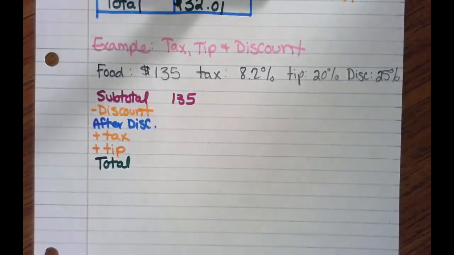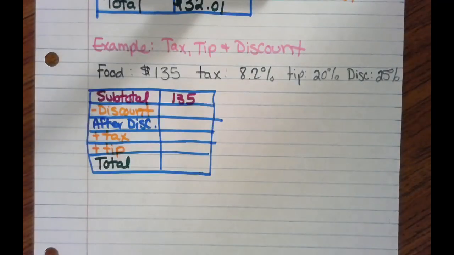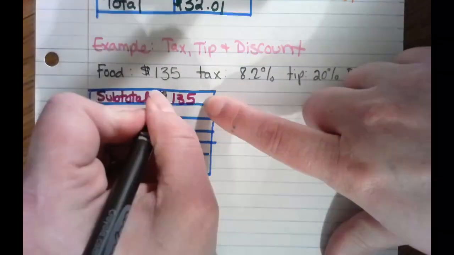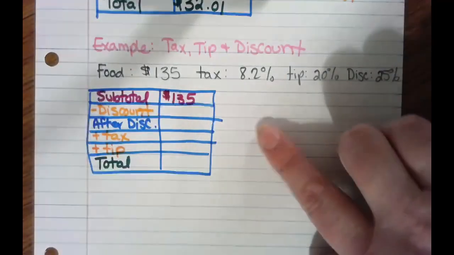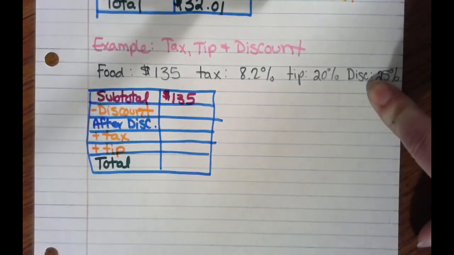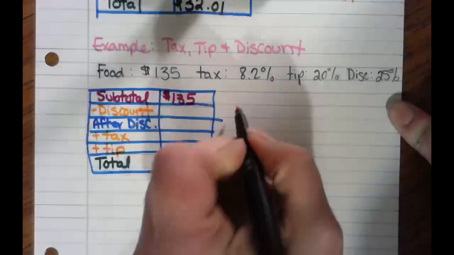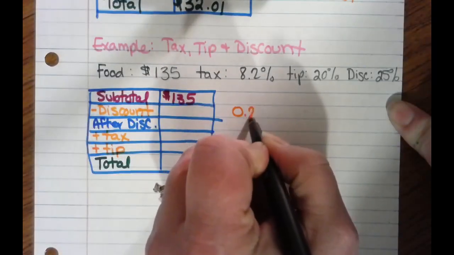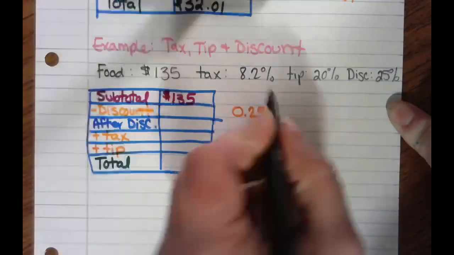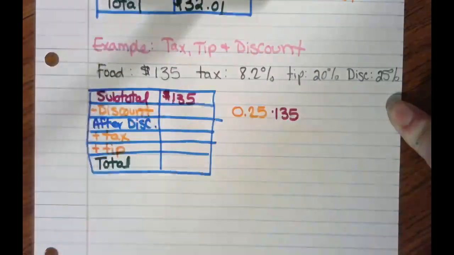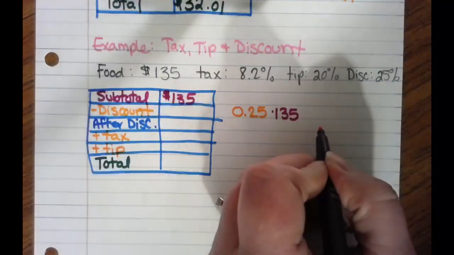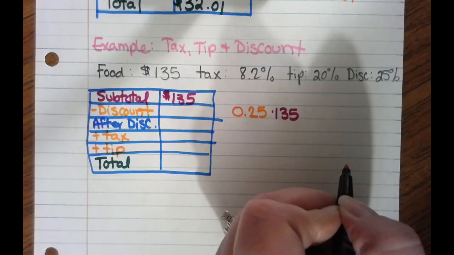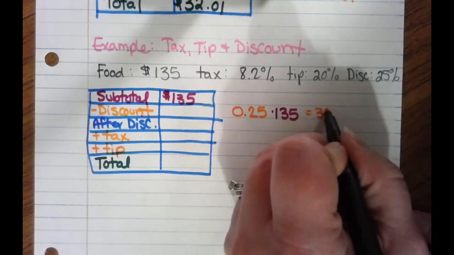All right, give me a minute. I will draw. I should have thought that through because it's definitely a little tight in there, but that's okay. So we start with $135. We're going to take a discount of 25% on that amount. So a discount of 25% would be 0.25 times 135, and that would be $33.75.